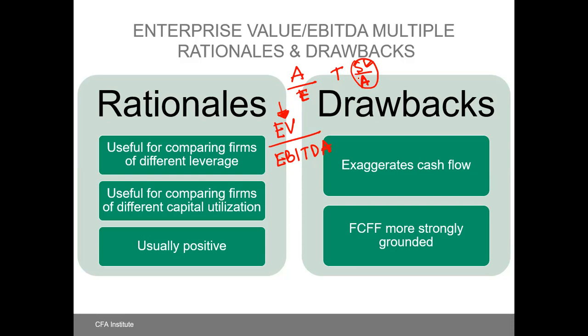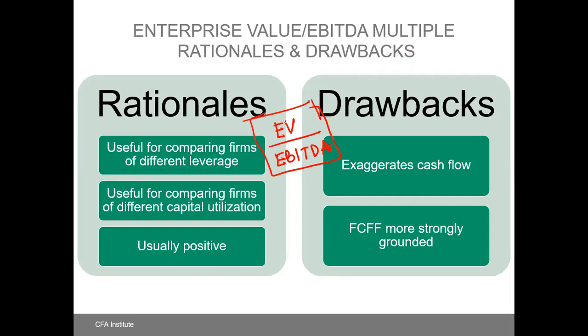So for that, enterprise value over EBITDA seems more appropriate for making comparison among the firms when they have differing degree of usage of the capital assets. And the issue of negativity, which is present mostly in the earnings, price earnings multiple, is absent in this multiple.